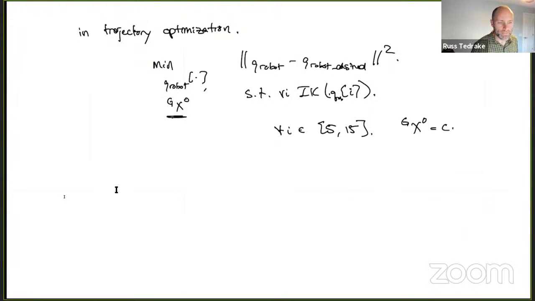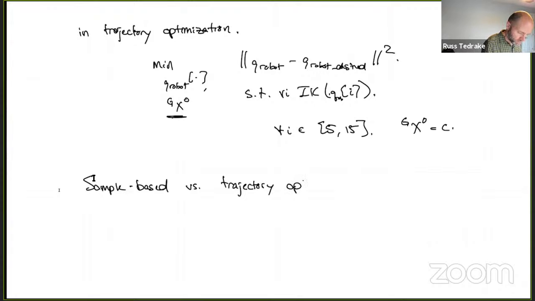Okay, so let's put head-to-head sample-based planning versus trajectory optimization. The local minima, we said, was the biggest problem with trajectory optimization.